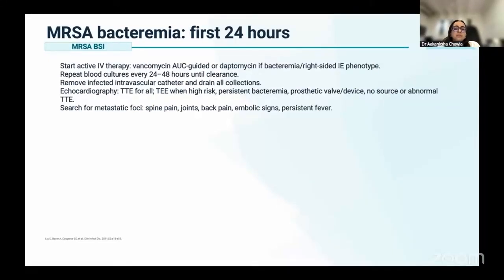So what do you do in patients when you are dealing with MRSA bacteria in the first 24 hours? You start active IV therapy with vancomycin, if it is possible to do AUC guided, that is the best, or daptomycin. If bacteremia or right-sided infective endocarditis phenotype, repeat blood cultures every 24 to 48 hours.